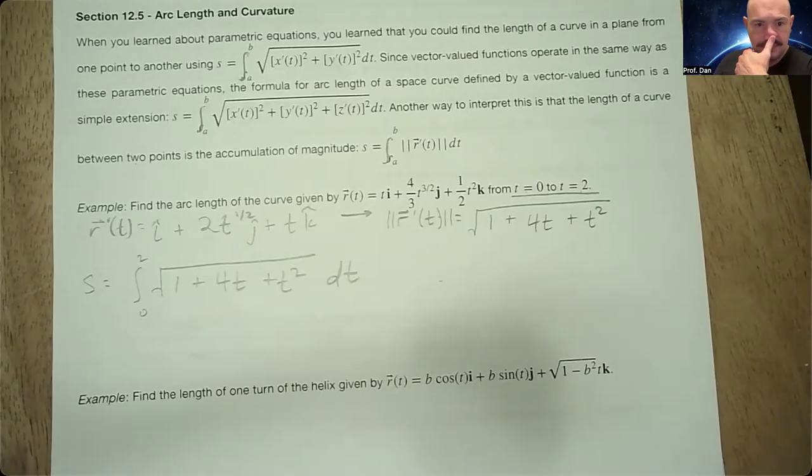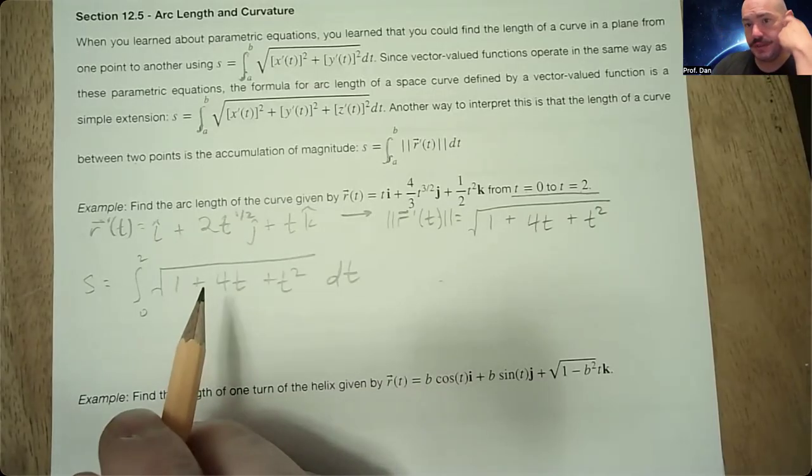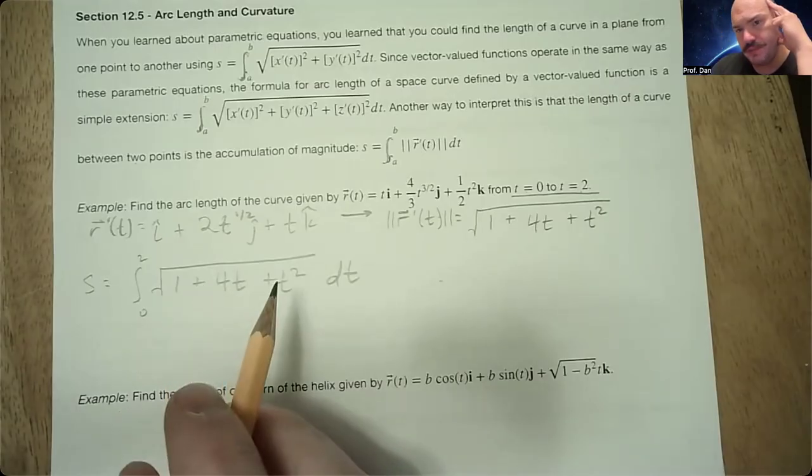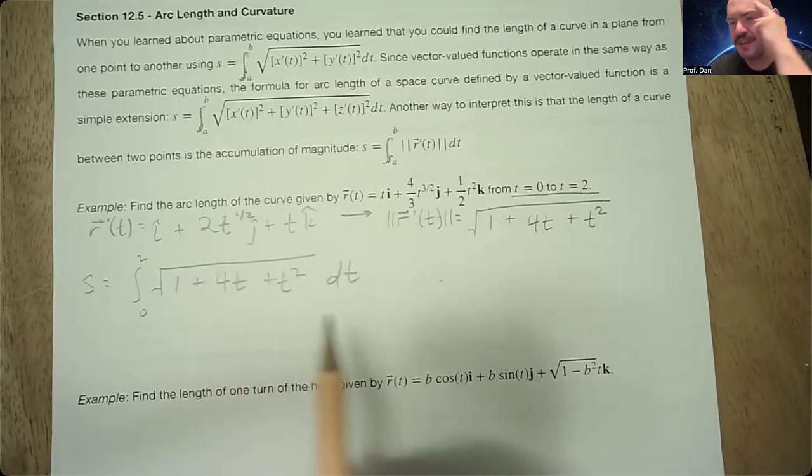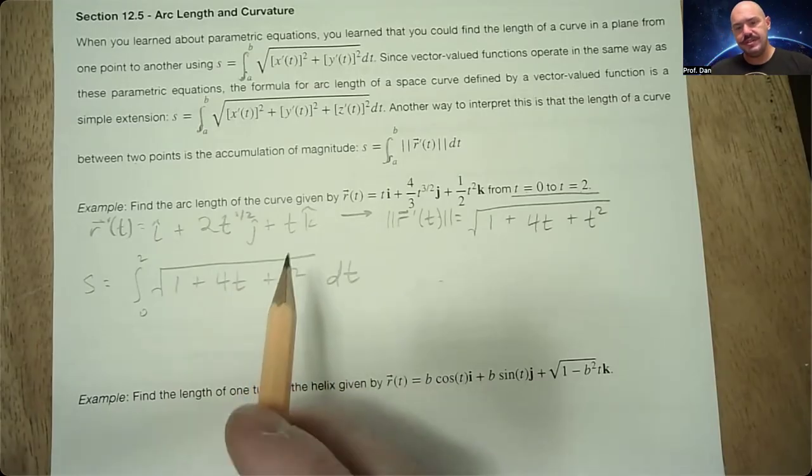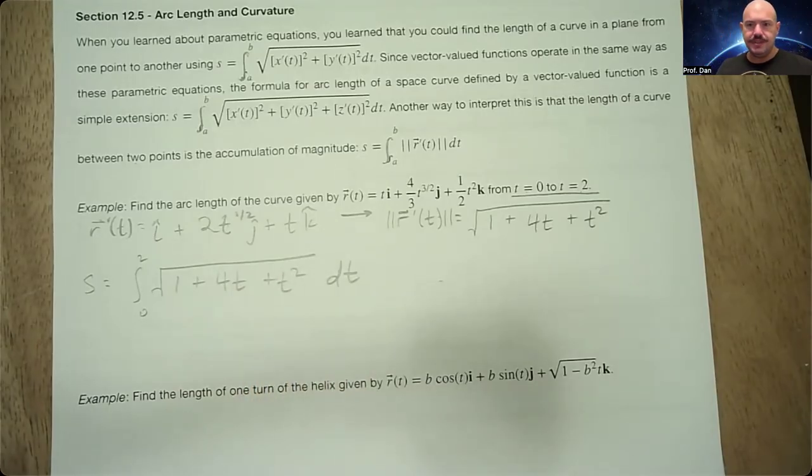Now, if you were to try to factor this, you wouldn't be particularly successful. So instead, I would say that this is not something that is integrable just by elementary methods. In fact, in the textbook, when they do this example, they call on an integral table to get the antiderivative.